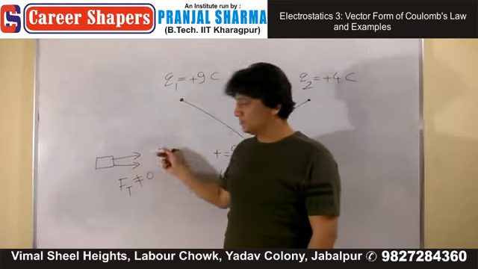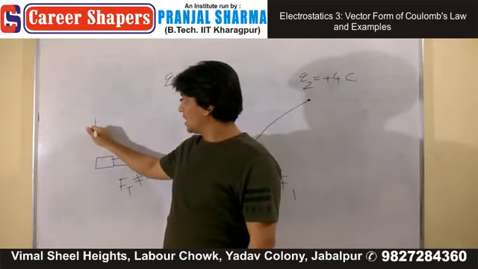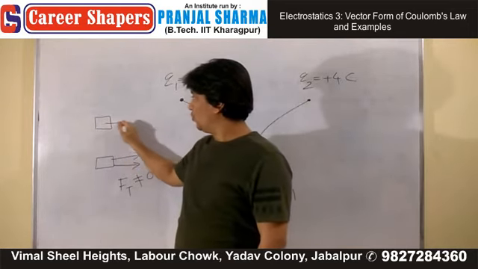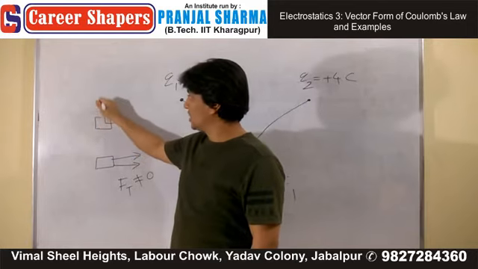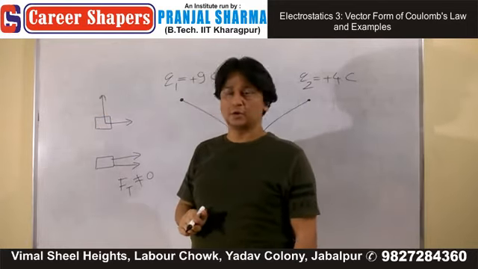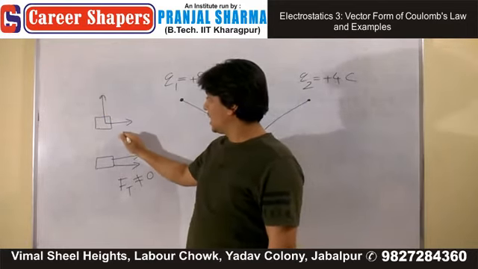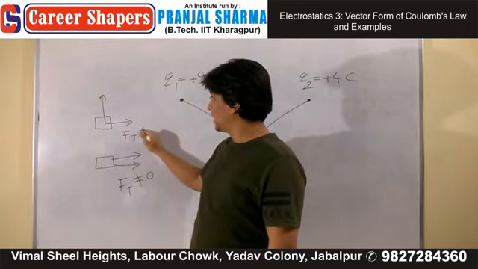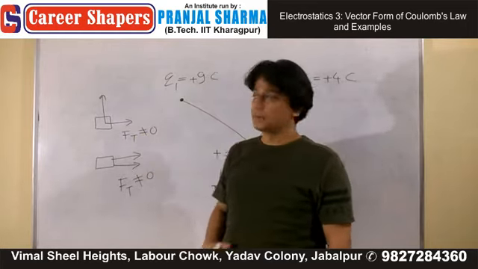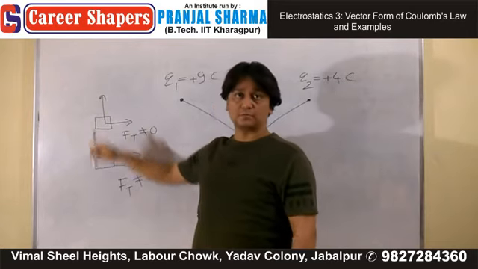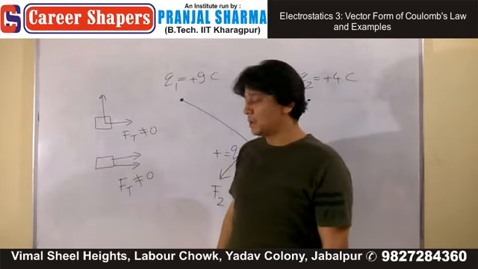It will move. You have a body, one force is acting in this direction, other force is acting in this direction. Again, F total cannot be zero. These two forces, net force cannot be zero.